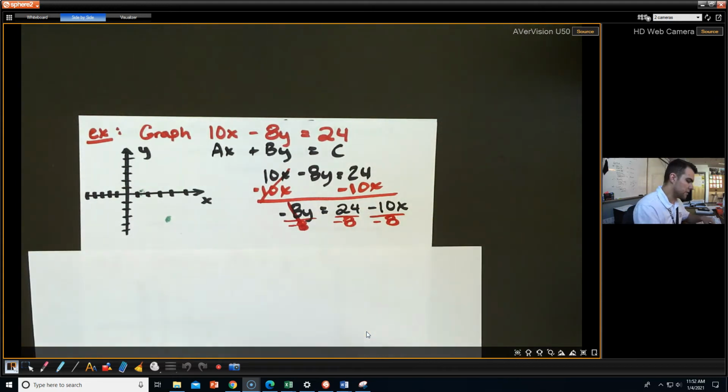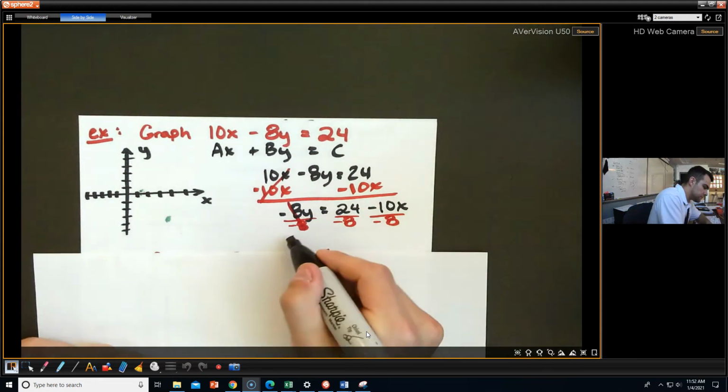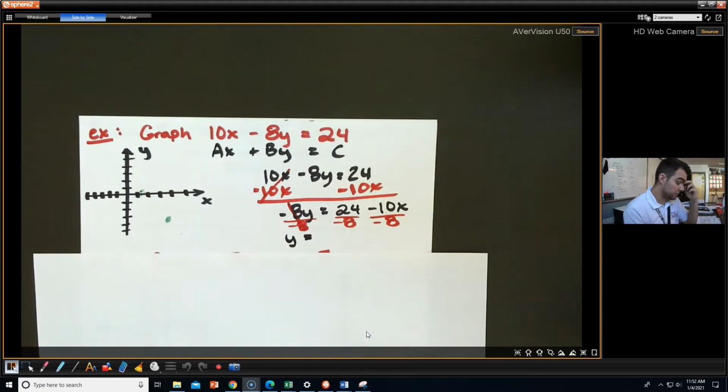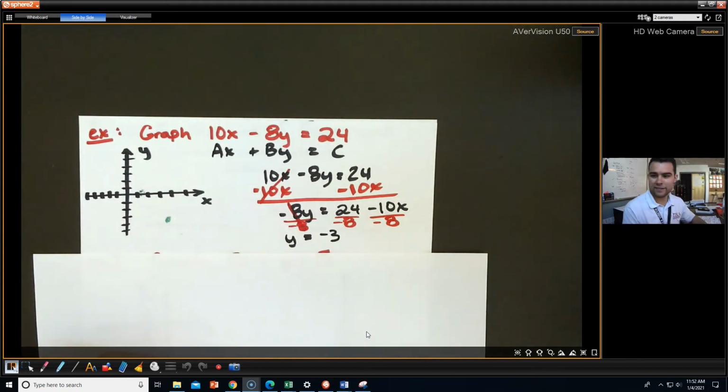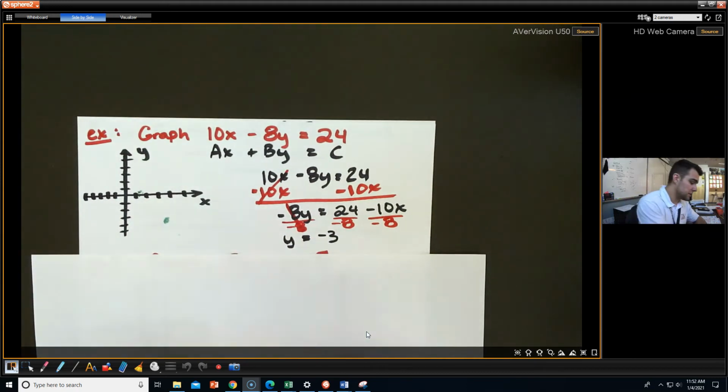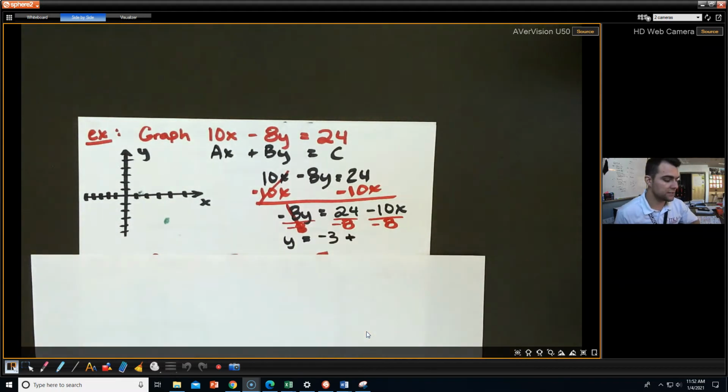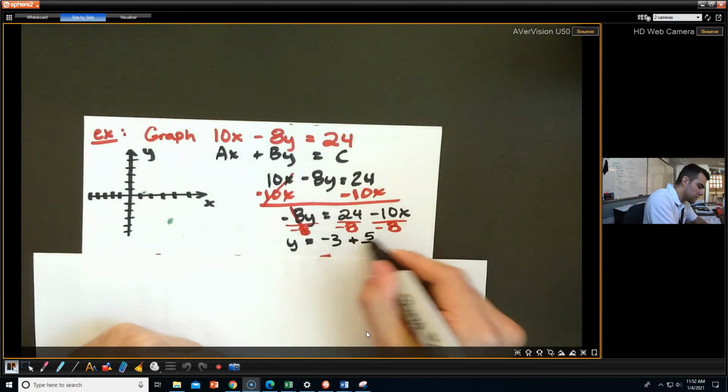I'm going to be left with y equals, and now you just need to use some division. So 24 divided by negative 8 is negative 3. We have negative 10 divided by negative 8. I know a negative divided by a negative is a positive, but 10 divided by 8, I can only reduce that. I can treat it like a fraction. So 10 over 8 reduces to 5/4.